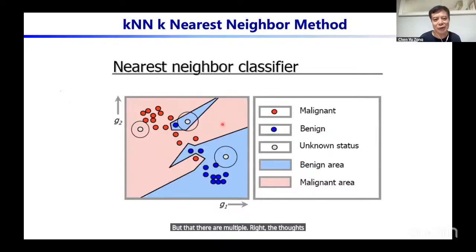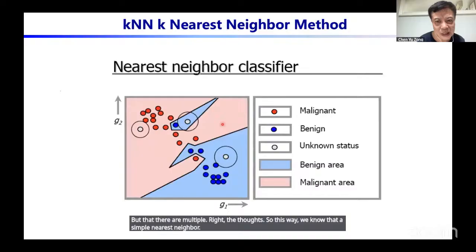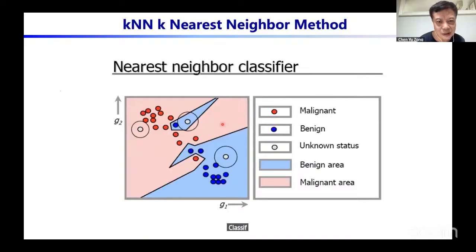So we know that a simple nearest neighbor classifier is essentially not the best one, to say the least.